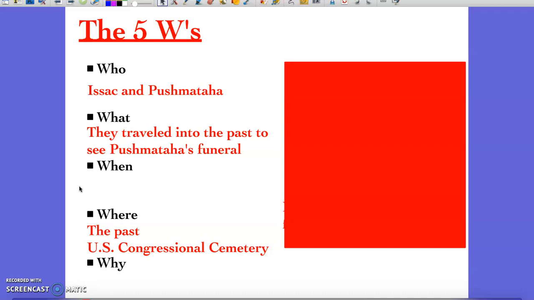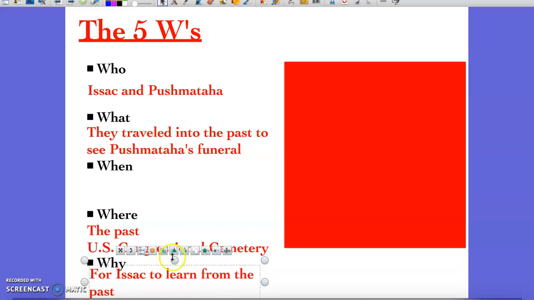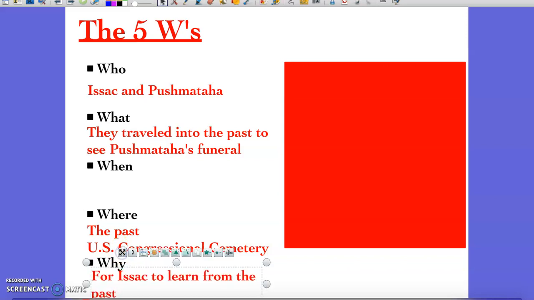Now the why. This is also kind of tricky because the text doesn't outright say the reason why they traveled to the past or why they're at his funeral. But it did give us a little bit of an answer, and the why was for Isaac to learn from the past. So General Pushmataha wanted Isaac to learn a lesson or some lessons from the past, but it doesn't tell us specifically what those lessons are at this time.